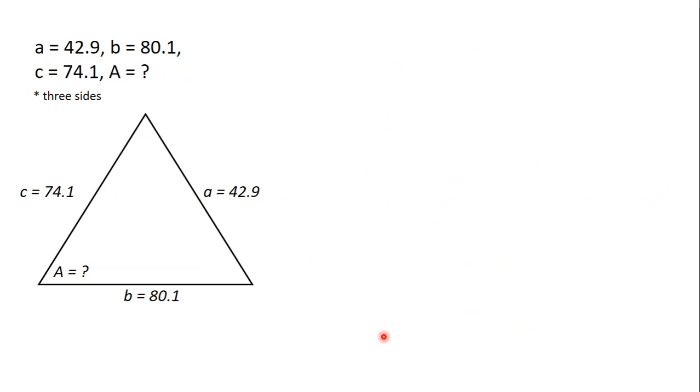Next example. The given are the measures of sides A, B, and C, and we're going to solve for the measure of angle A. Side A is equal to 42.9, side B is equal to 80.1, and side C is equal to 74.1. The given are the measurements of the three sides, and now we're going to solve for the measure of one angle.